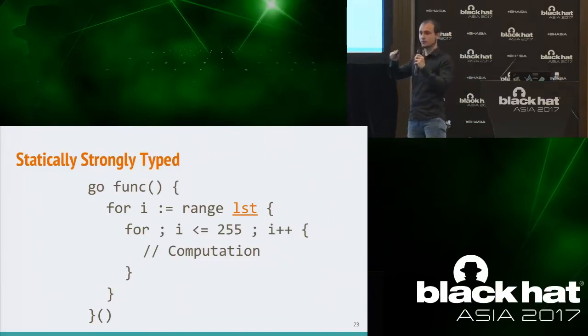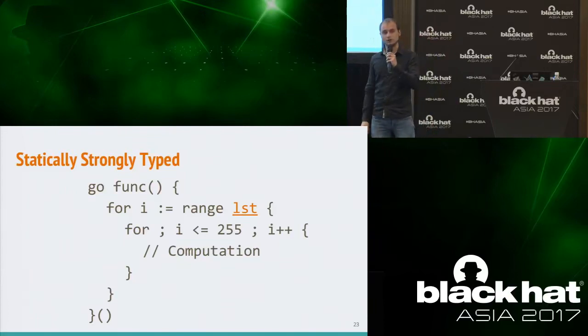And if you have a list of bytes, this loop is never going to end, because it overflows every time it reaches 255 and goes back to 0. So this is always true, and the code completely hanged.